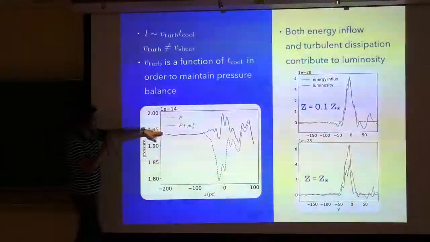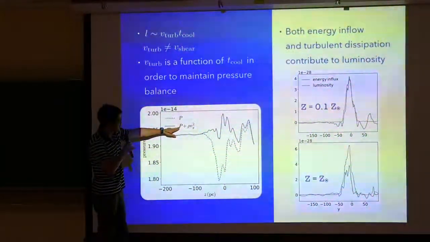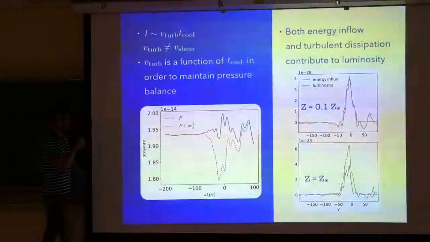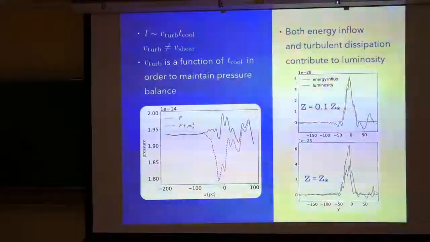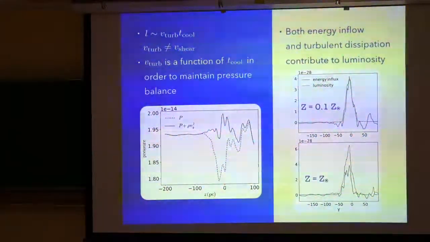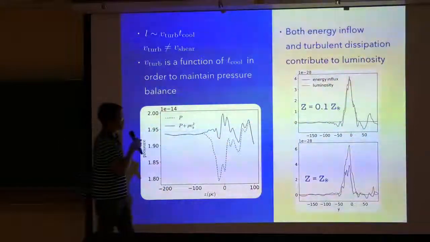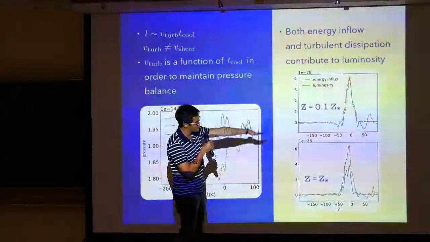If you have more cooling, you decrease the thermal pressure, and you actually have higher turbulence. So higher turbulence compensates for the shorter cooling time, and you have a mixing layer of not that different a size, even when you decrease the cooling time by an order of magnitude. And the mixing layer is powered by both energy inflow and turbulent dissipation.